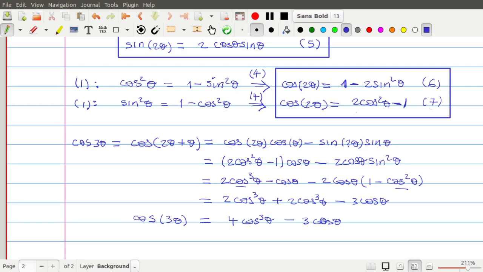We can do that for any angle. You can just use those for any angle, but you can also use something else to do that. Okay, let's call this equation 8, and let's box it.